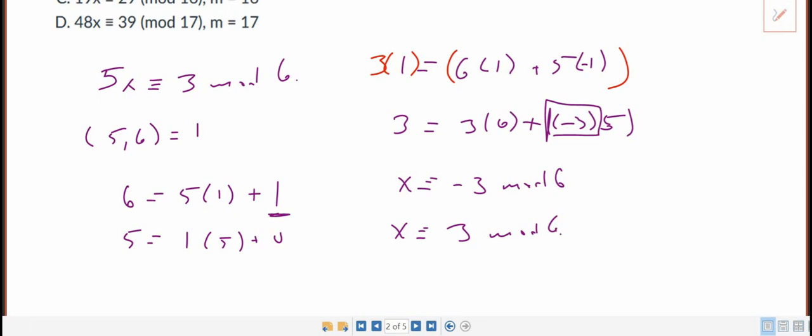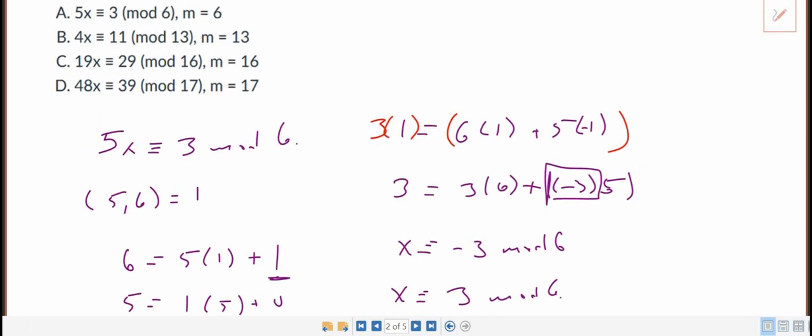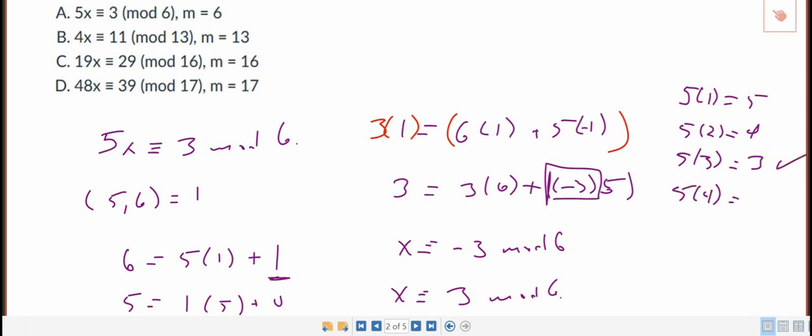Now, if you want to verify that, you can always look at things the long way. This one wouldn't be all that bad, right? 5 times 1 is 5. That's not going to work. 5 times 2 is 4 mod 6. 5 times 3 is 15. 15 mod 6 would be 3. That works. 5 times 4 would be 20, and 20 mod 6 would be 2. 5 times 5 would be 25, which is 1.